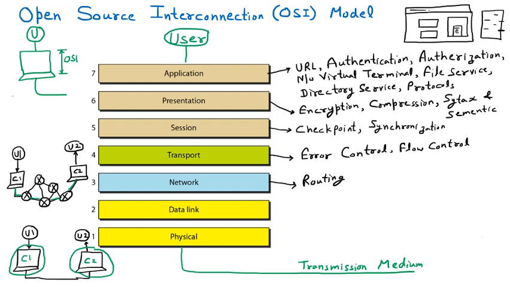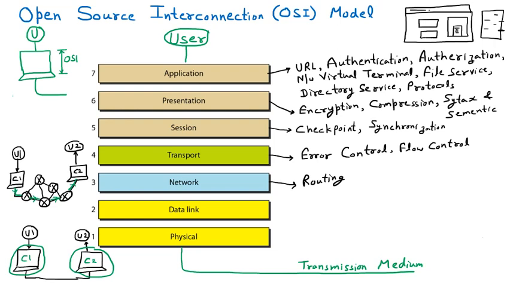This path which is decided is taken care of by the network layer, means from which path it is going to go. That is called the routing. So the network layer comes into the picture. Now our data is moving further.